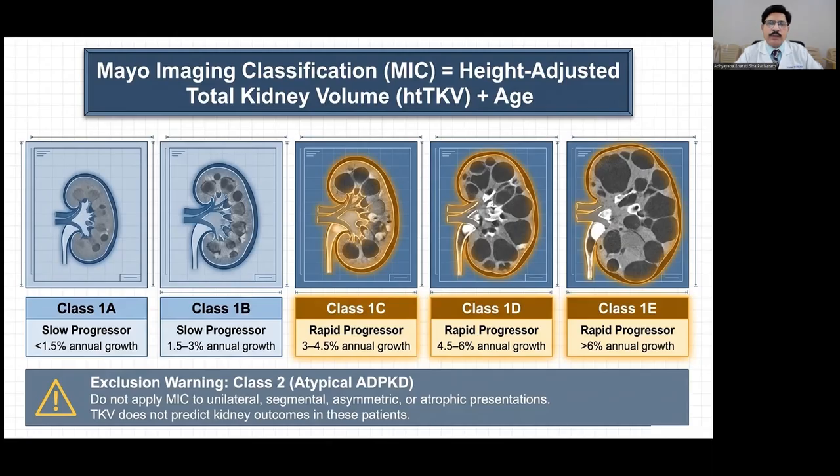So very important, this classification, what is called the Mayo Imaging Classification or MIC. You have to measure the height adjusted TKV, total kidney volume, plus the age.